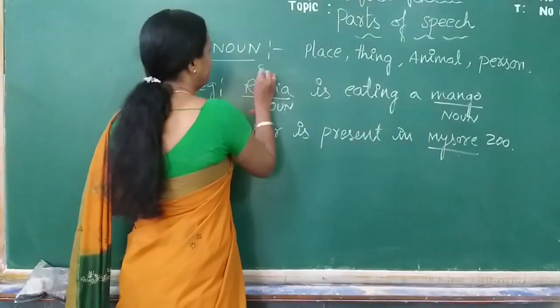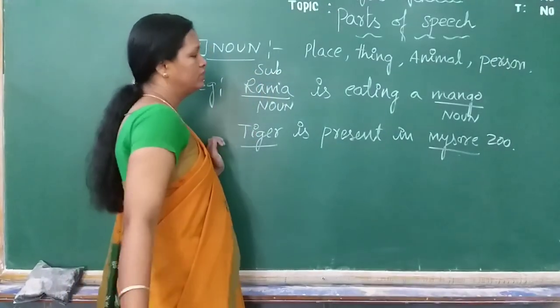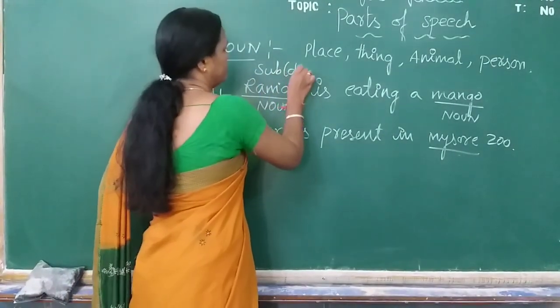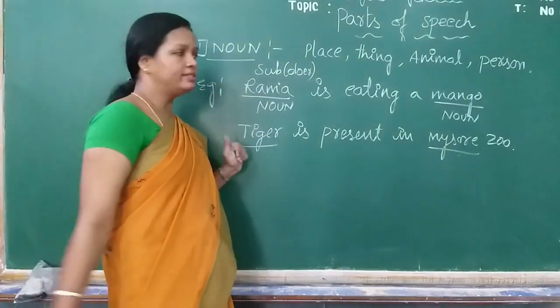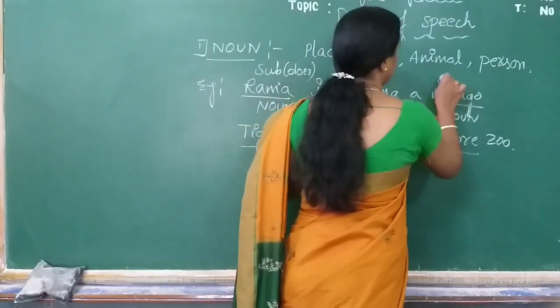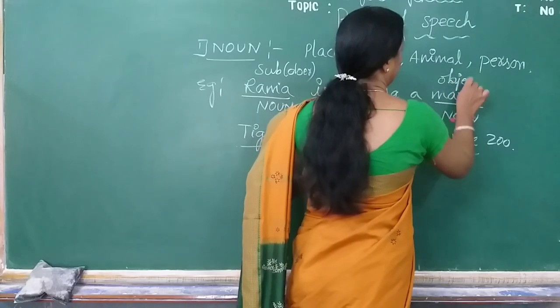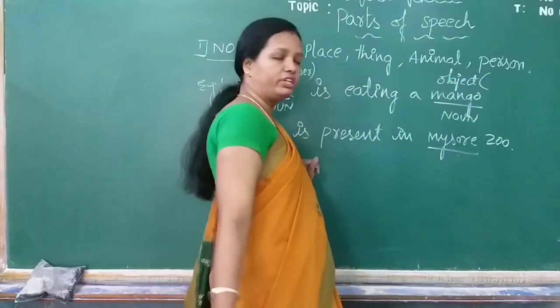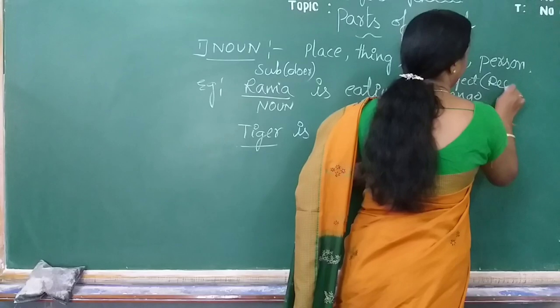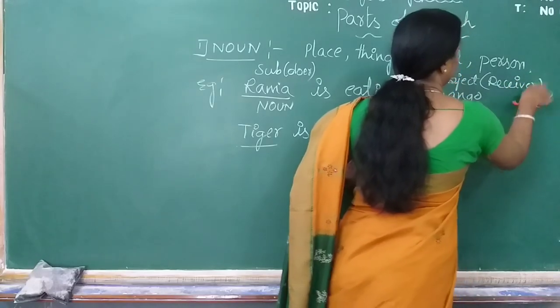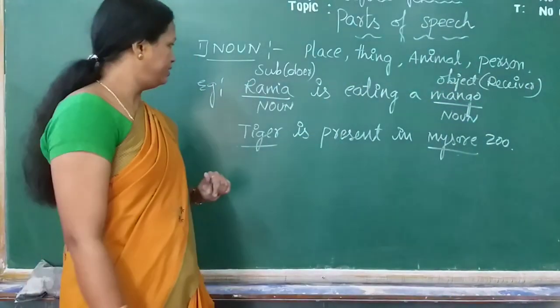So Rama is the subject. So that is a doer of the sentence, and mango is the object. Here mango is an object which is a receiver in the sentence.